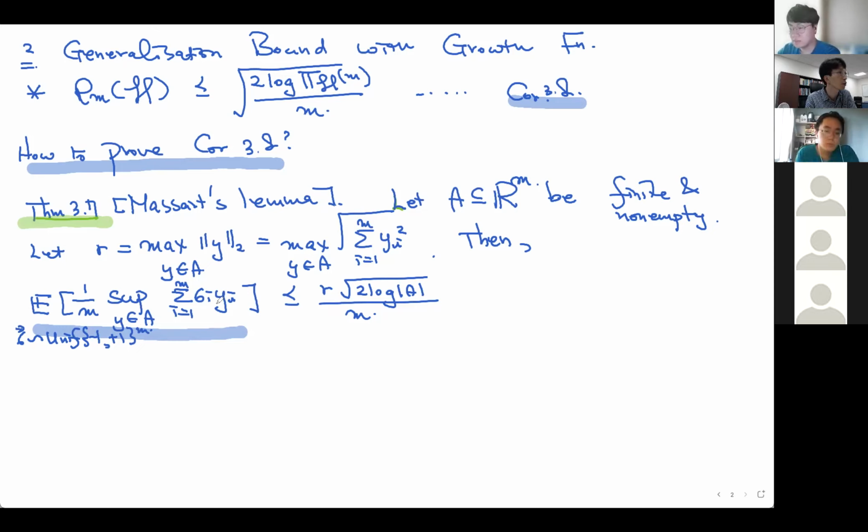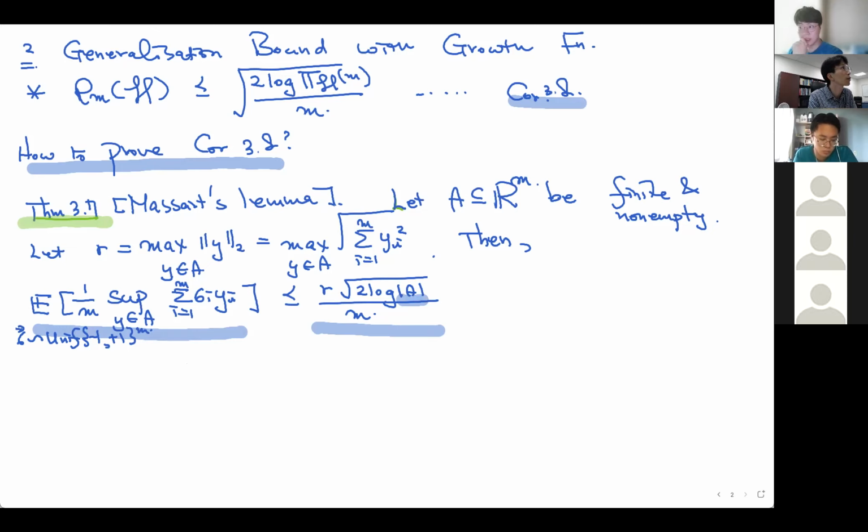The quantity on the left-hand side is really the Rademacher complexity, and the quantity on the right-hand side is a bit different. It is about the size of all the possible labelings that we can obtain by applying hypotheses to the inputs, and then this R, which is a maximum.